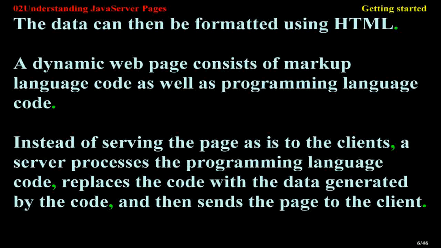A dynamic web page consists of markup language code as well as programming language code. Instead of serving the page as is to the clients, a server processes the programming language code, replaces the code with the data generated by the code, and then sends the page to the client.